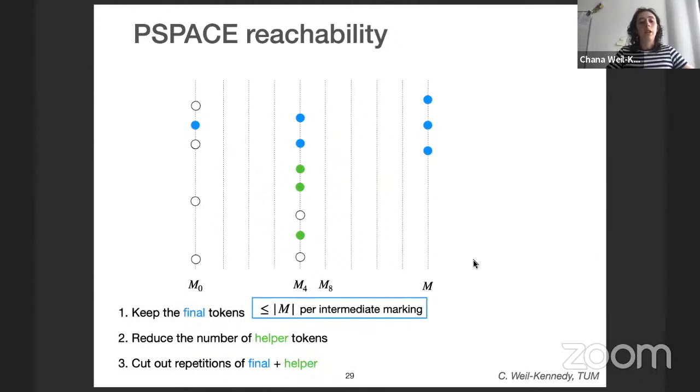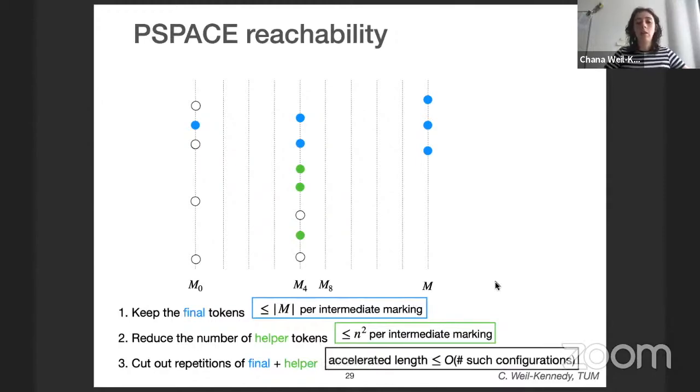All right, so there are at most m final tokens per intermediate marking of this firing sequence, where m is, well, the number of n tokens. There, we show that we can make it so that each intermediate marking has at most n square helper tokens.